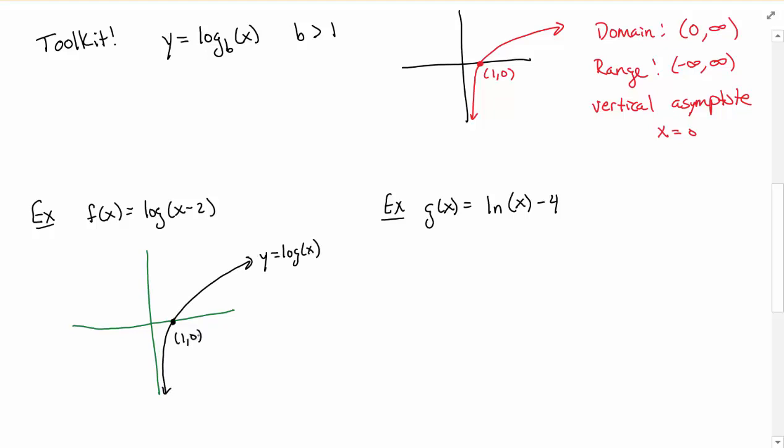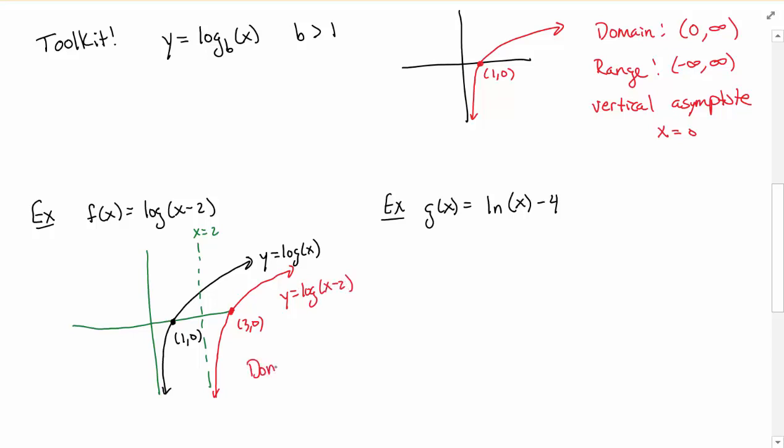Now that minus 2 is inside the function, so it's going to move it to the right by 2. So my vertical asymptote was at x is equal to 0. If I move it to the right by 2, that's now at x is equal to 2. And if I move that point (1, 0) 2 to the right, I'm now sitting at (3, 0). So here is my graph, give or take, of log of (x minus 2).